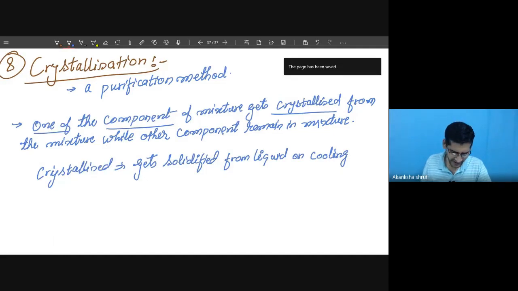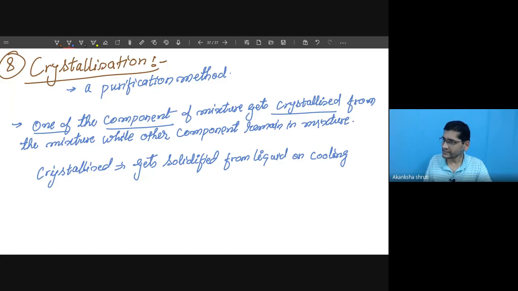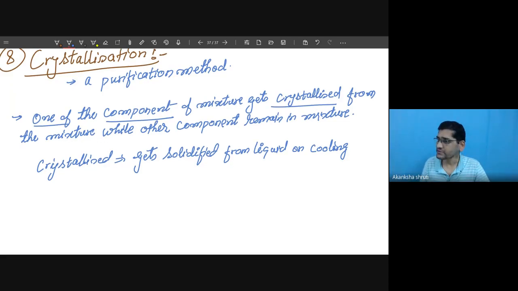Okay, students, the crystallization method means the liquid contains different components, but one of the solutes gets crystallized. It is possible that a mixture contains different kinds of solute.